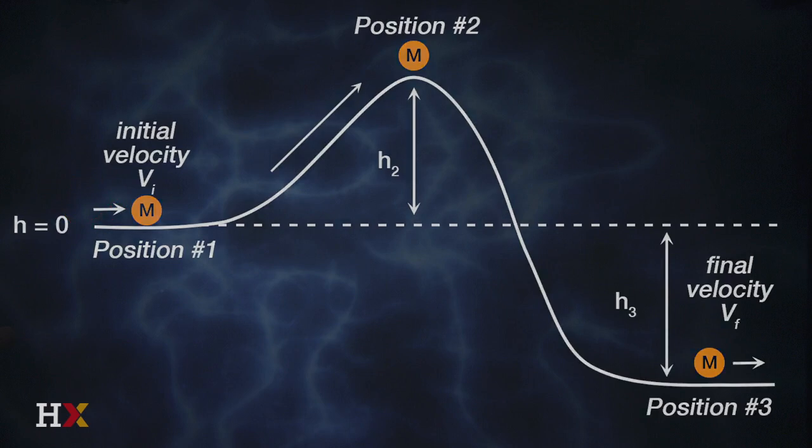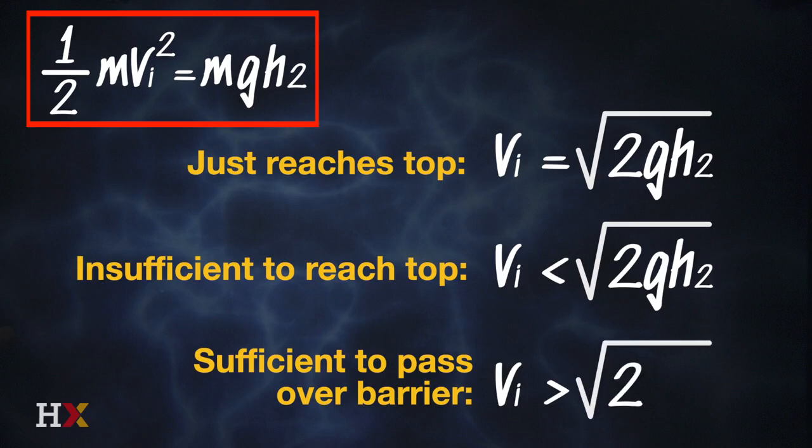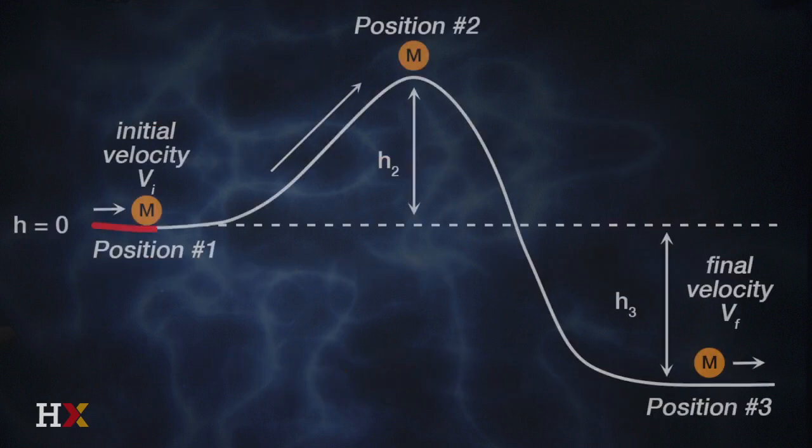Now, if v initial is sufficient to pass over the barrier, then I know that my initial velocity is greater than the square root of 2 times the acceleration of gravity times the height of that barrier. And in that case, the ball will roll over the top of the barrier and descend down into the right-hand side of the diagram.